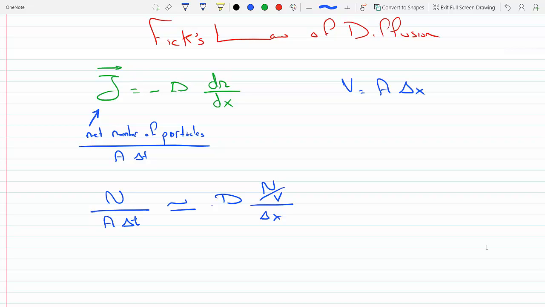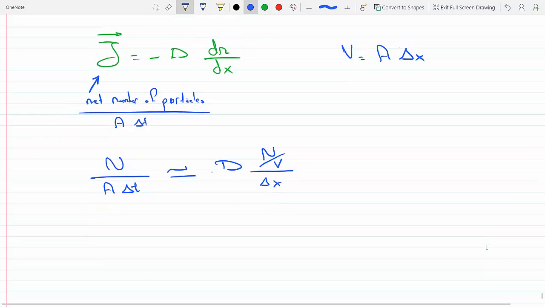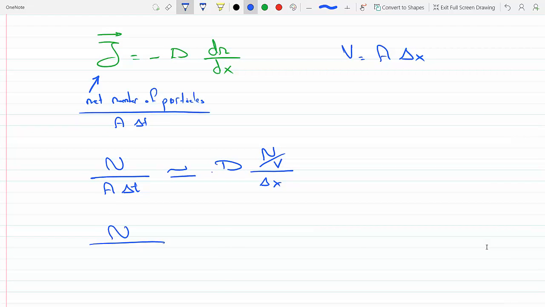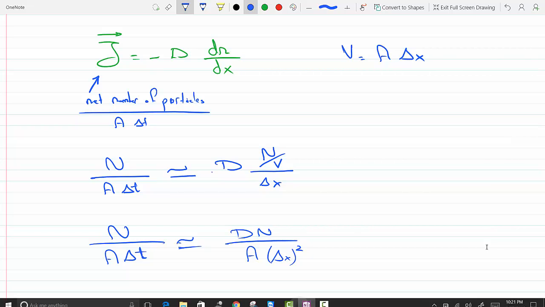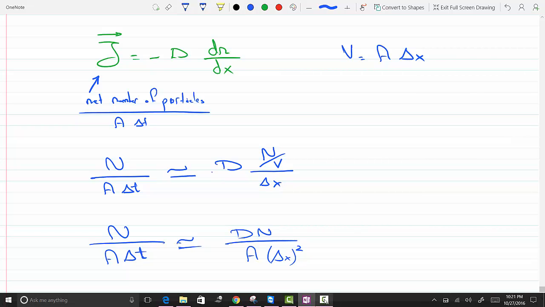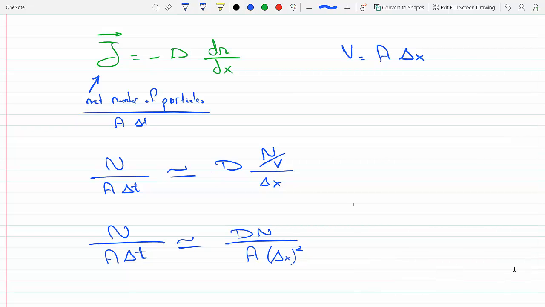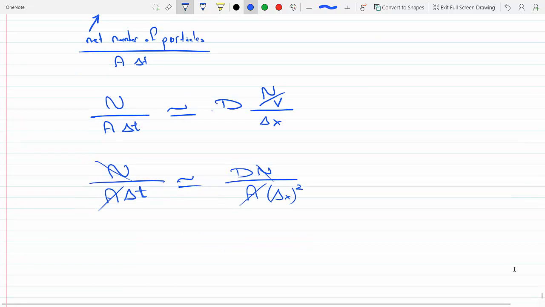Since A is the same here, and V is A delta x, and I already have a delta x squared, I can cancel the A's and the n's.